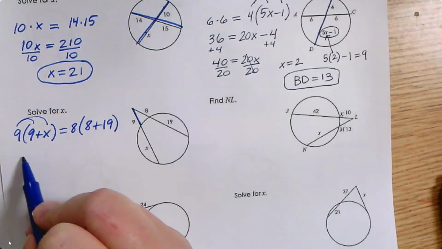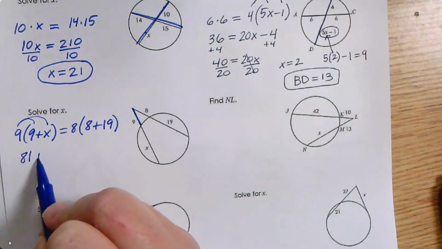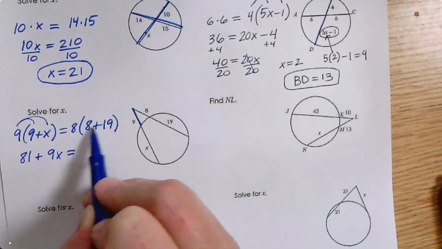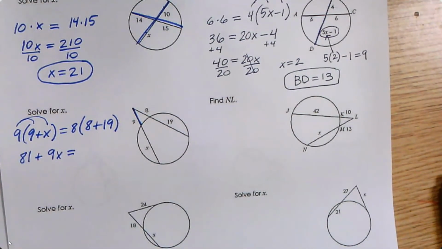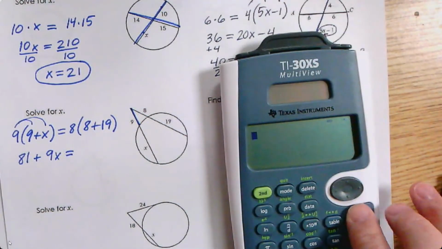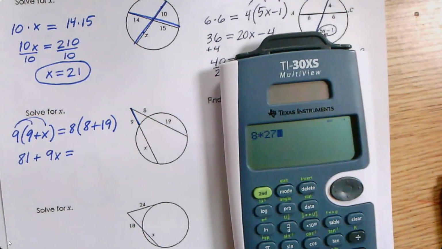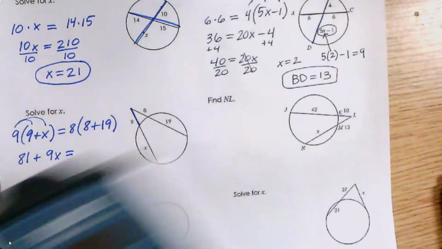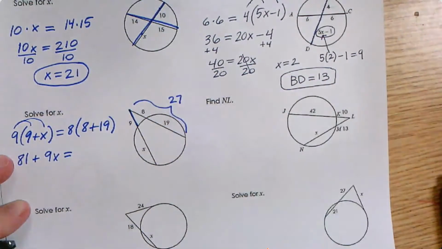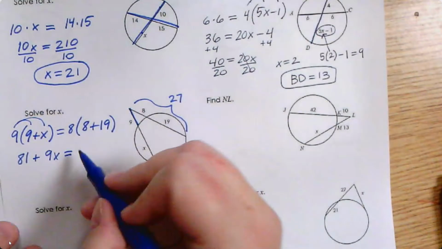So 9 times 9 is 81 plus 9x equals, like I said, this is 27. So I have 8 times 27. And I get 216. The whole thing there is 27. We added it together. So 216.